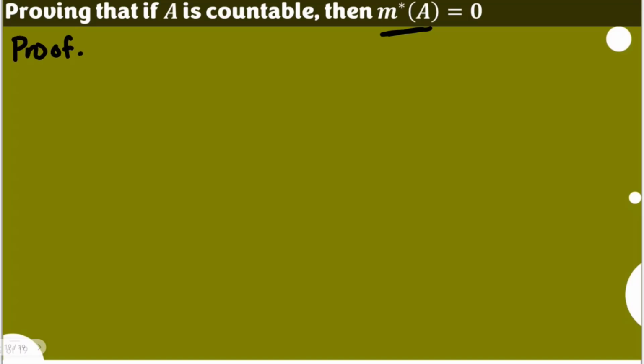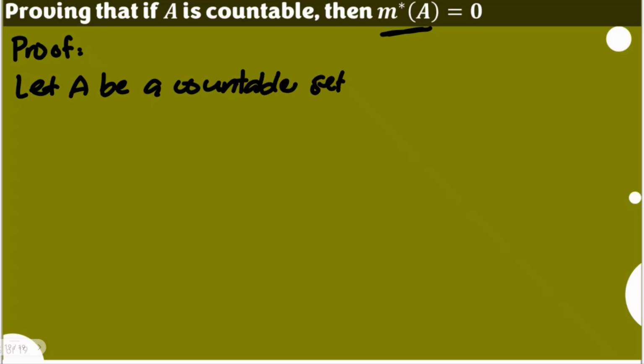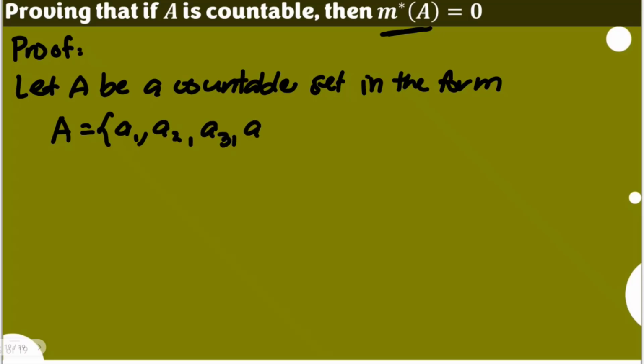Okay, let A be a countable set, so that we could start with the assumption of setting it in the form, let's say A is equal to A sub 1, A sub 2, we can count the elements, A sub 3, A sub 4, and so on until A sub n, and still moving forward.